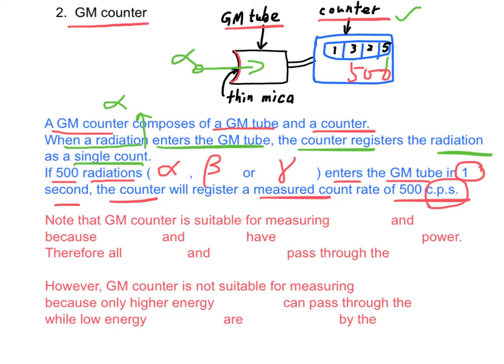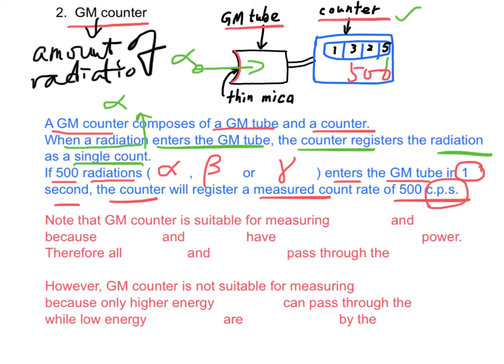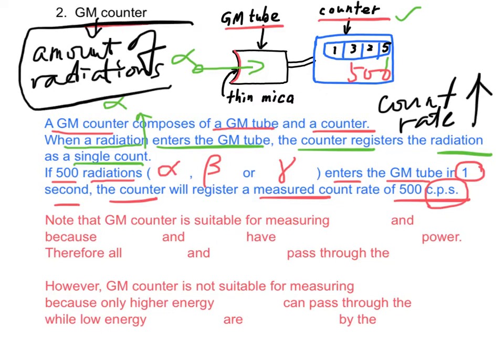As a conclusion, a GM counter measures the amount of radiations entering into the GM tube. The greater the count rate, the greater the amount of radiations.